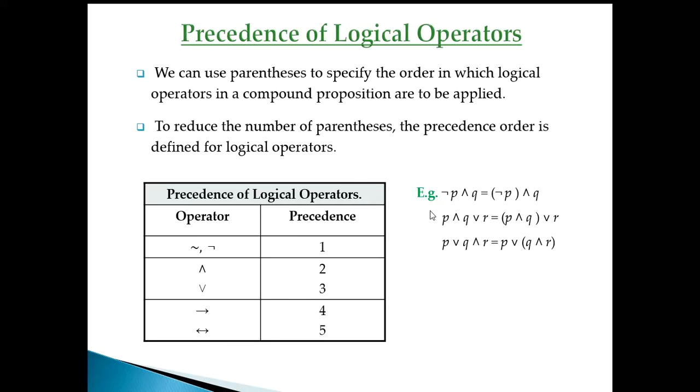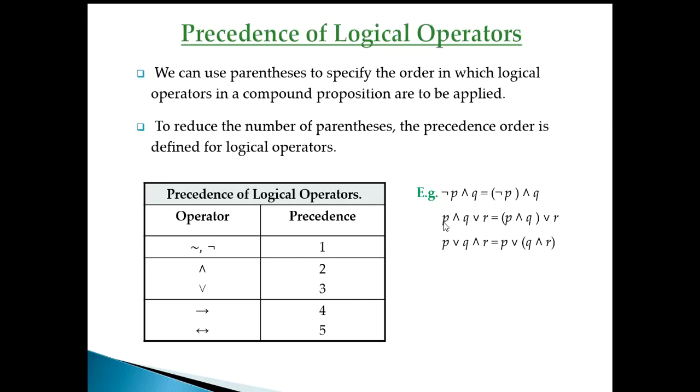As an example, suppose we need to calculate negation of P and Q. How to solve this? First you calculate the negation of P, then you take the conjunction with Q, right? If we have, suppose, P and Q or R, how can you solve this?